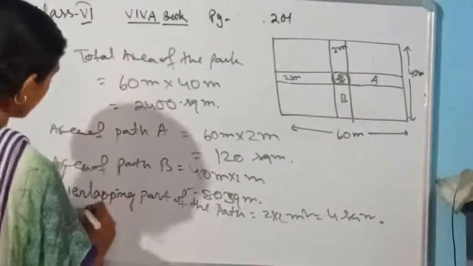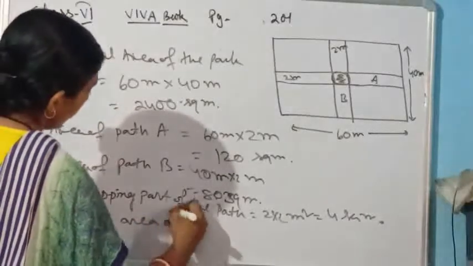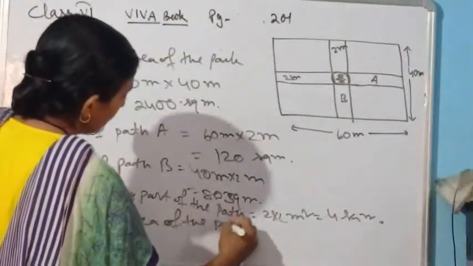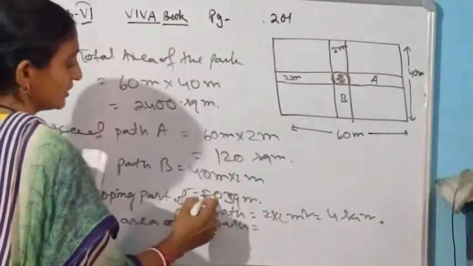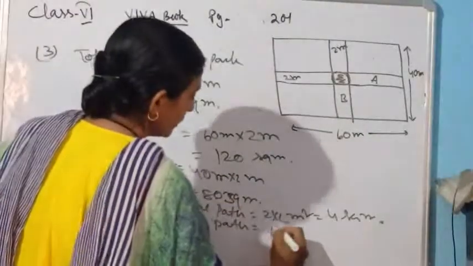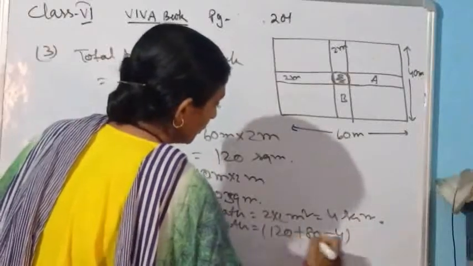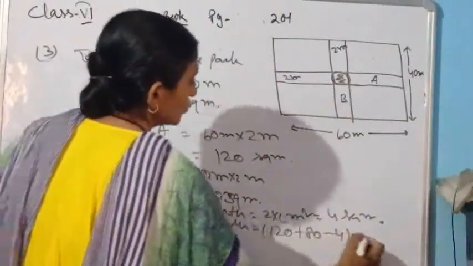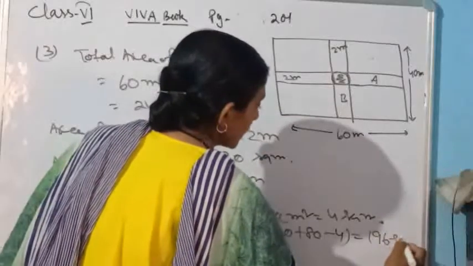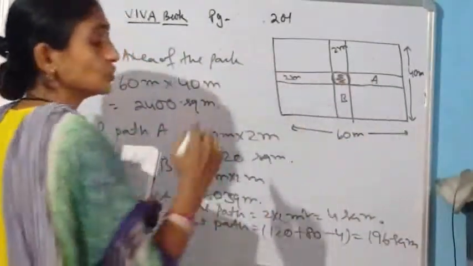So the total area of the path is equal to what? When I am adding these two, it comes 120 plus 80 minus 4, that is 200 minus 4. So 196 square meter. This is the total area of these two paths.